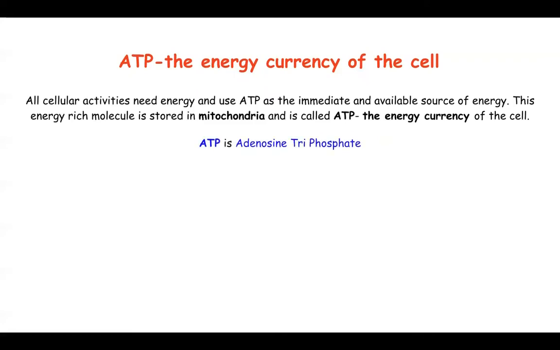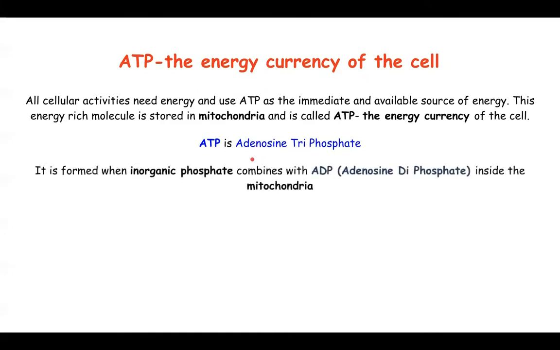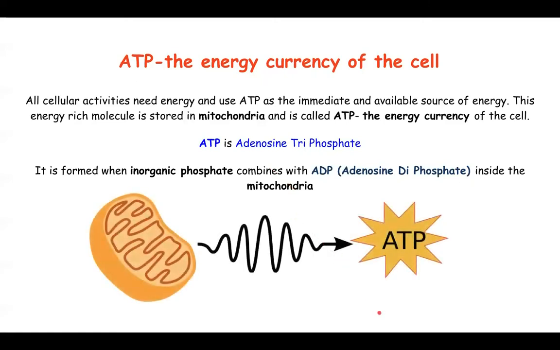The full form of ATP is adenosine triphosphate. This is formed when inorganic phosphate combines with ADP, adenosine diphosphate, inside the mitochondria. Once this reaction has taken place, we have the energy rich molecule ATP, which will be used for carrying out all the cellular activities in a cell.